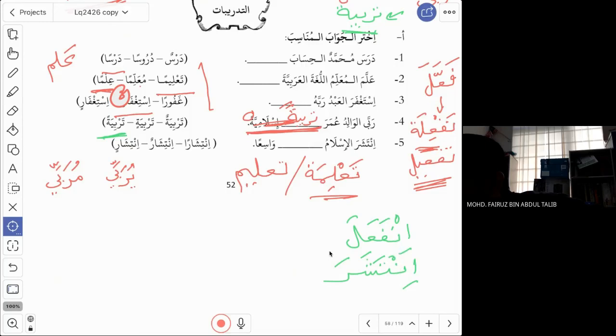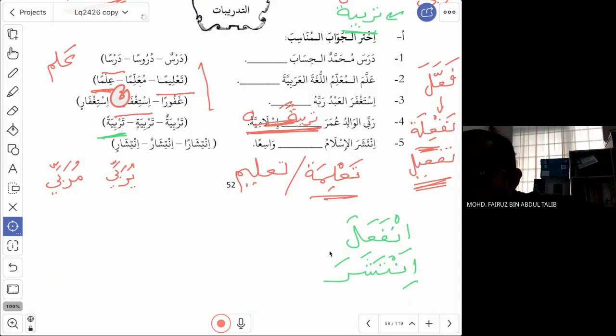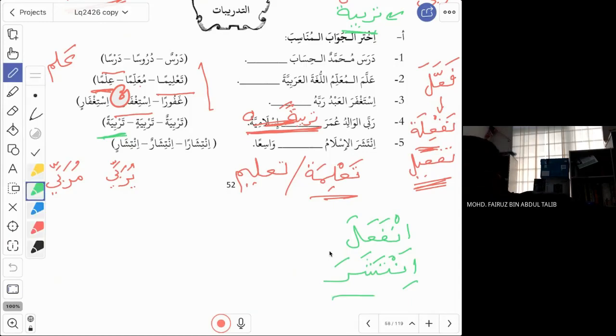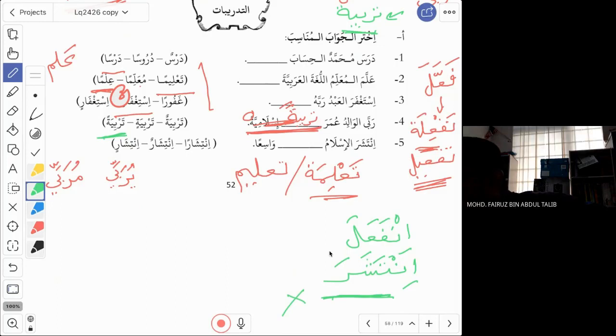The original letters are fa, ain, lam. So what are the original letters here? Tashara. Is tashara a word? Tashara is not a word. There is no tashara. So what does this tell us? This tells us that infa'ala is not the correct wazan. So we need to find another wazan.